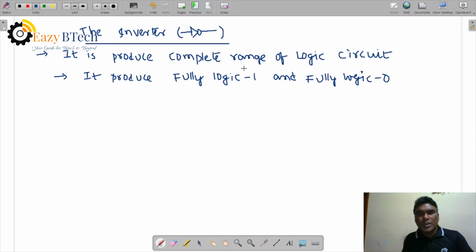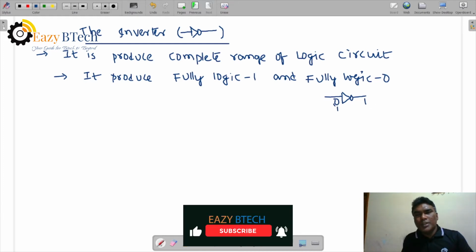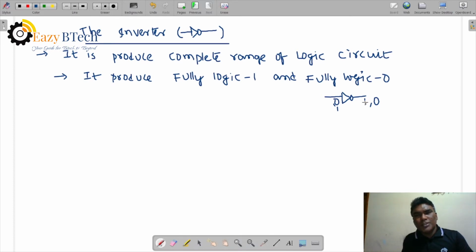In digital circuits, in an inverter, when we give input 0, output is 1. When input is 1, output is 0. So the output is completely logic 1 or completely logic 0. That is the function of this inverter in digital circuits.